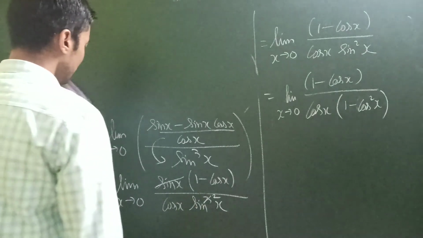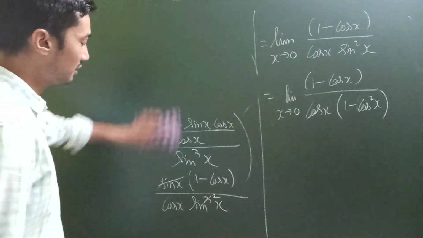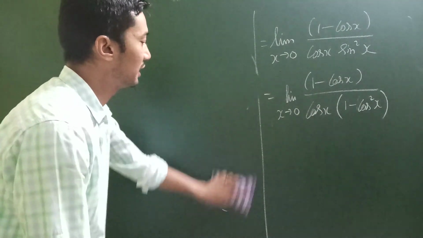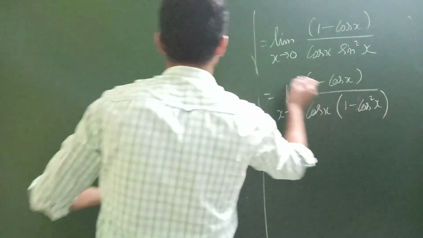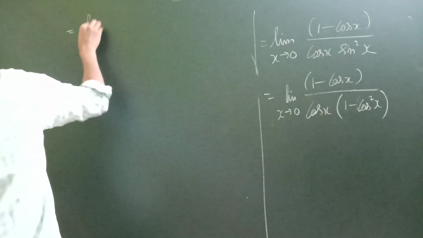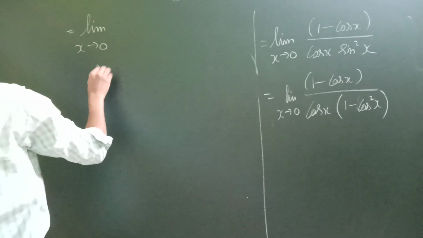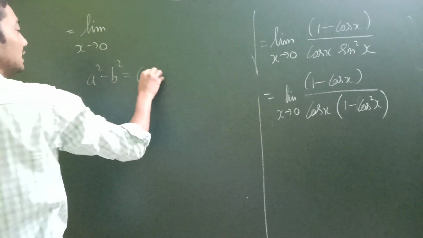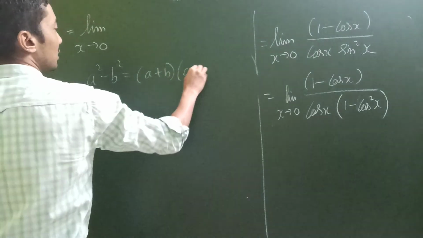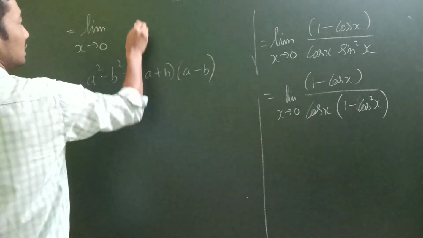So we have been doing these formulas over and over again, so I will not repeat that again, because 1 minus cos square x, not because of trigonometric formula but simply because of mathematics application. What do we know? Again, a square minus b square is what? Just now also we have done a plus b into a minus b, so we're going to be using that.